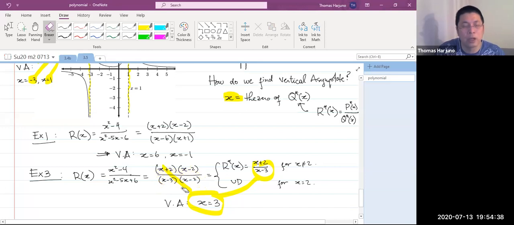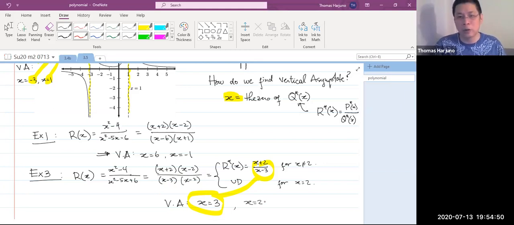We look at the zero of the denominator of the simplified version. So what happens when x equals 2? When x equals 2, it becomes a hole, remember? It does not become an asymptote.